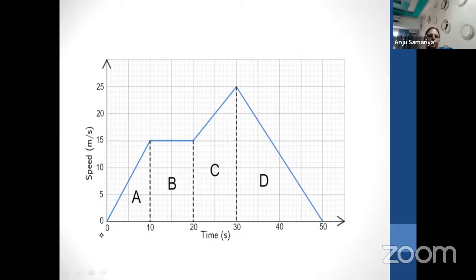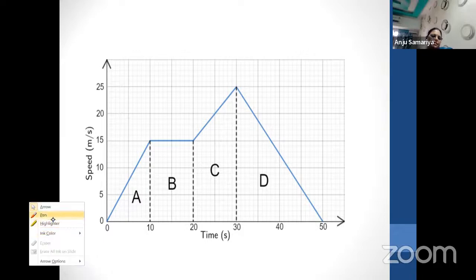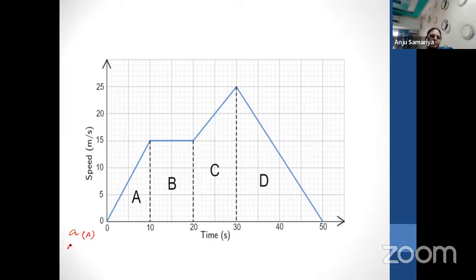Find out for each one the acceleration of part A, part B, part C, and D. Then also find the displacement of part A, part B, part C, and part D. Quickly.